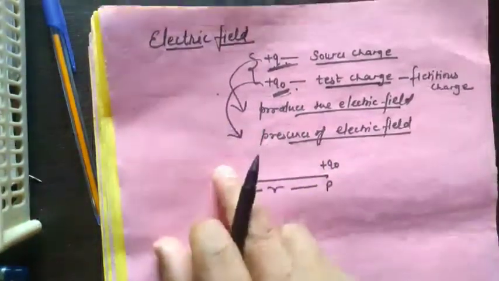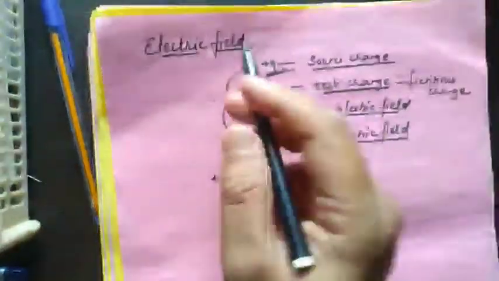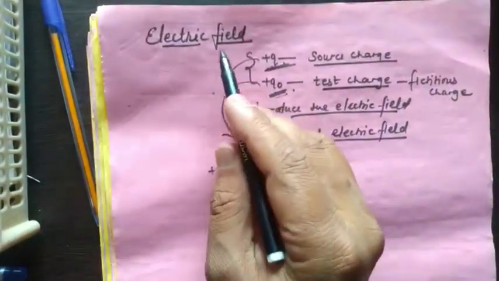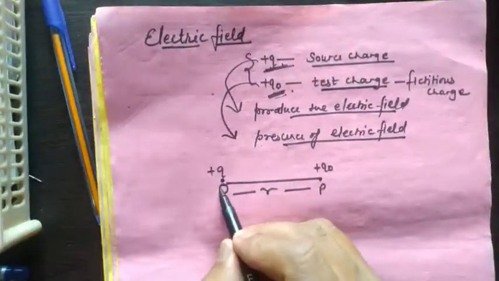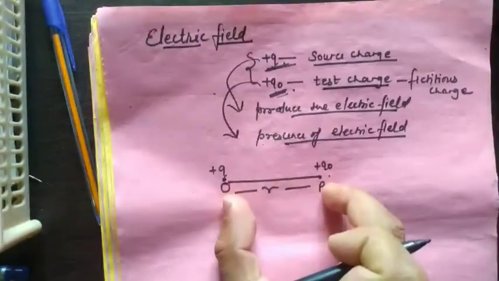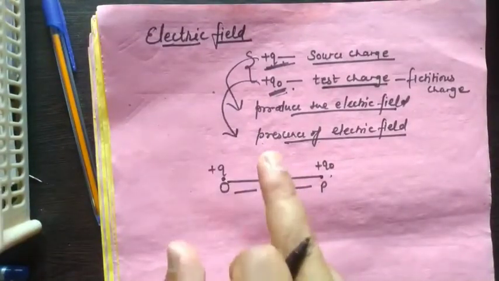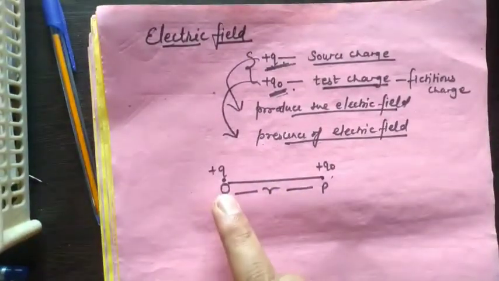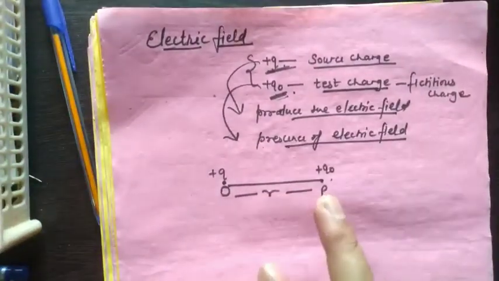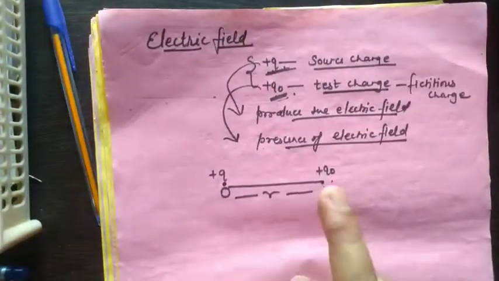So we can easily explain the electric field. It is a field in which a charge experiences a force of attraction or repulsion due to the other charge, or due to the test charge.